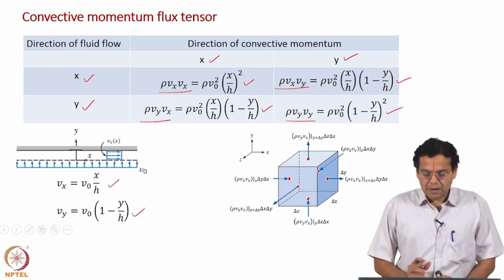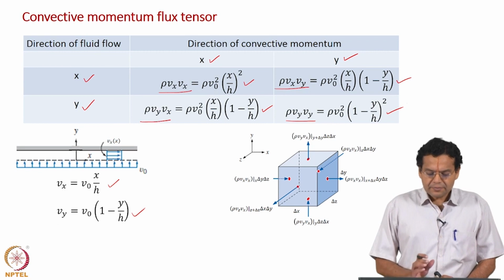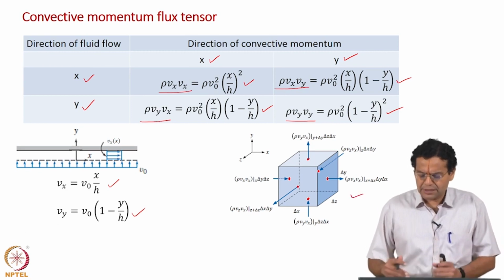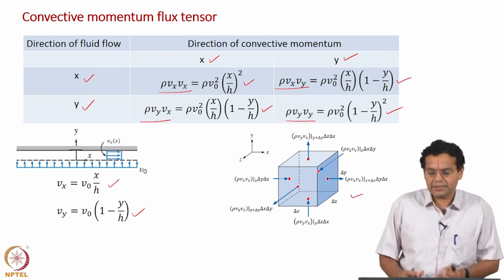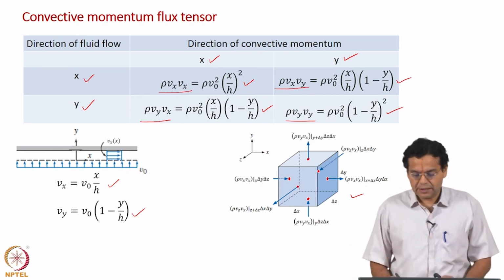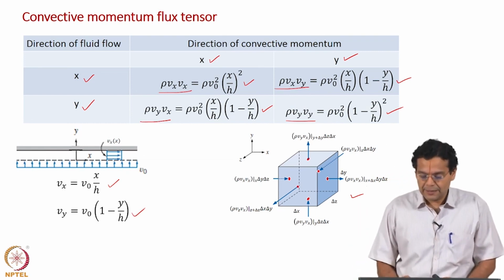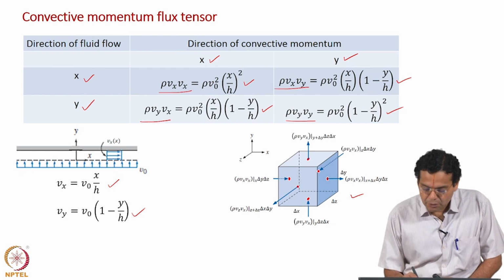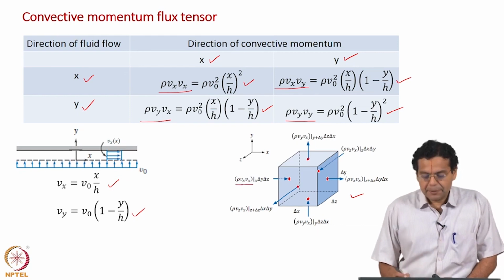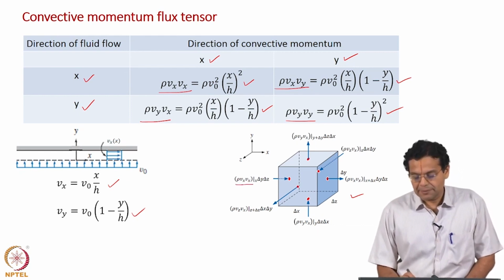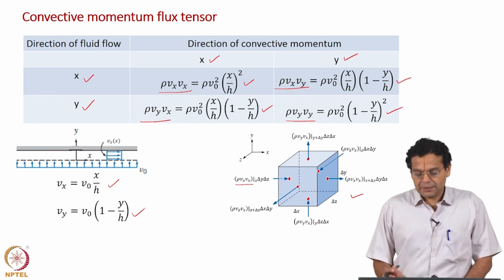How do you interpret this? If you look at this control volume, just ignore the z direction, because we have variation only along the x and y directions here. Here rho Vx Vx, multiplied by delta z, represents the rate of flow of momentum entering and leaving along the x direction.